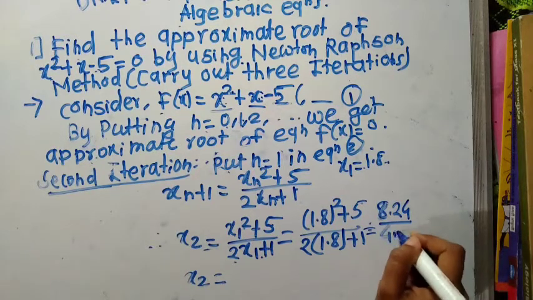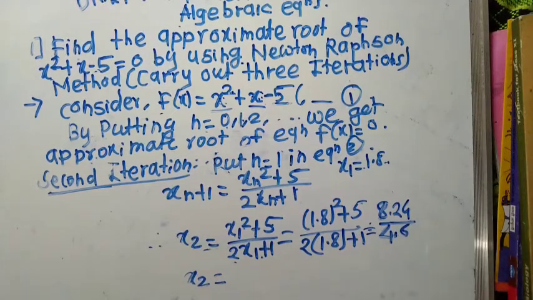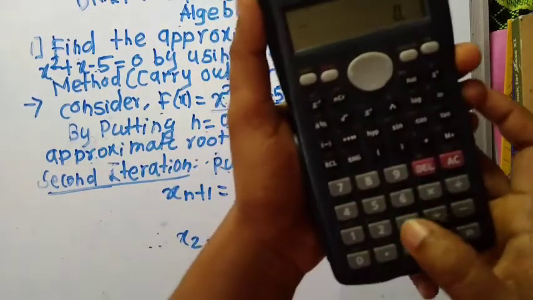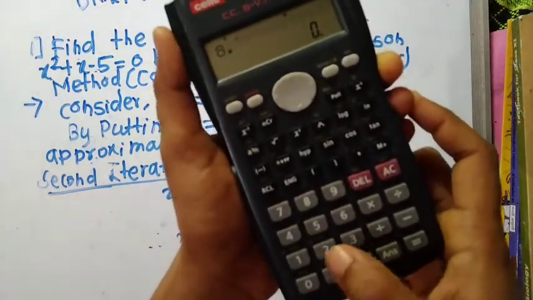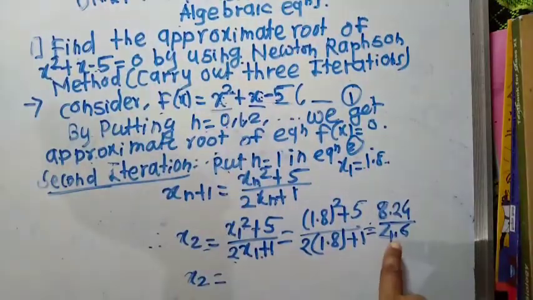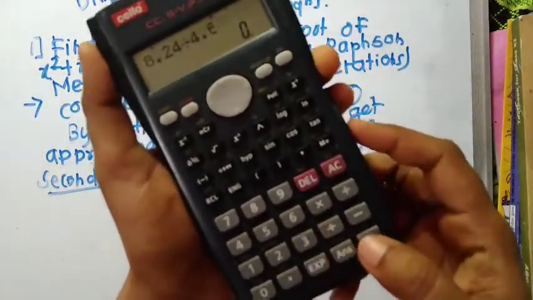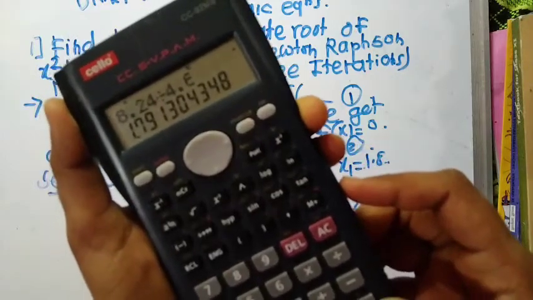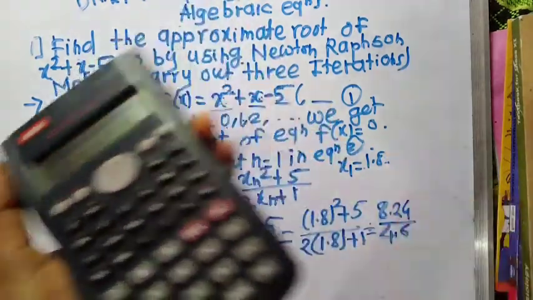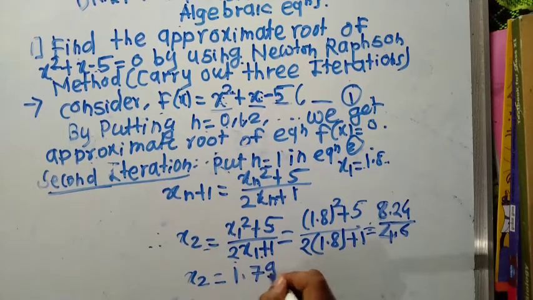So find the value of 8.24 divided by 4.6, which is equal to 1.7913.